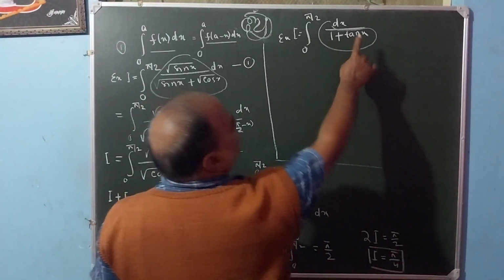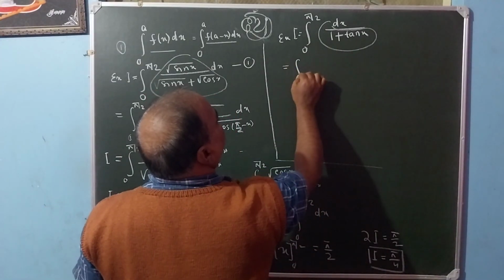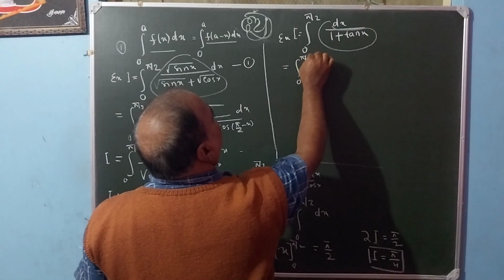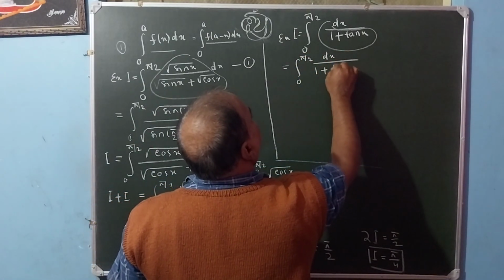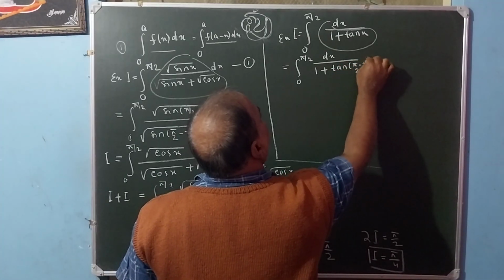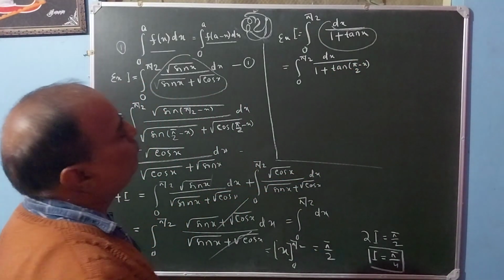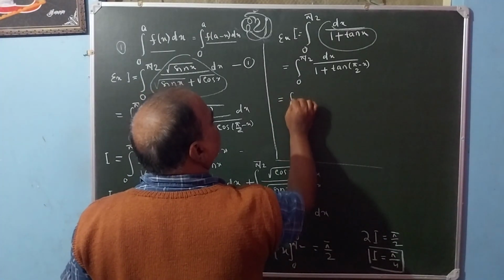Wherever you see x, put pi by 2 minus x. So the integral becomes 0 to pi by 2 dx by 1 plus tan(pi by 2 minus x). Tan(pi by 2 minus x) is cot x.